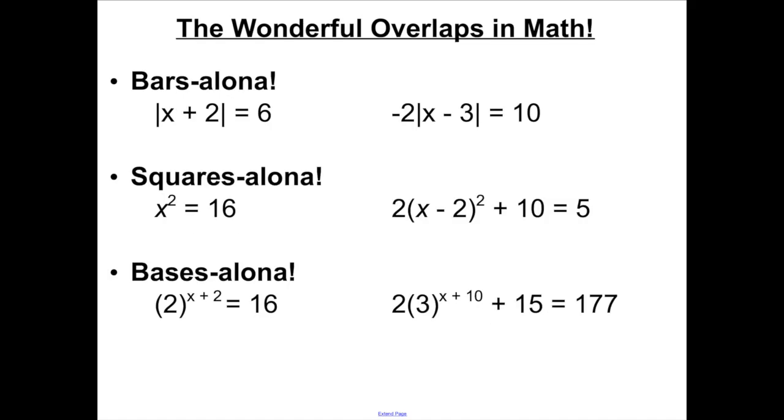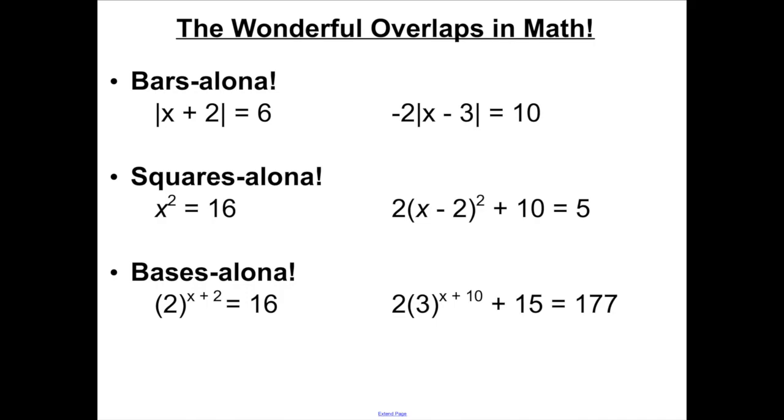This is getting at the wonderful overlaps that we see in math. When we were talking about solving absolute value equations way back, probably November or December, I said we talked about bars alone. The goal is you have to get the bars alone.